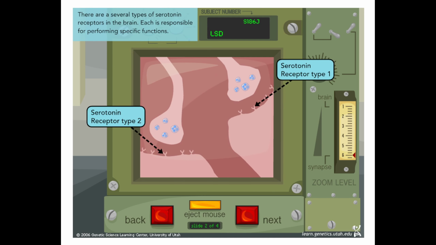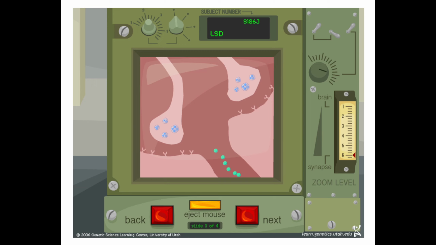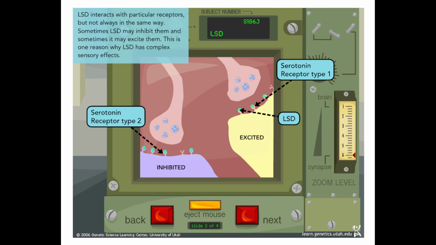And what happens is, based on the type of receptor, it's going to do different things. But we still see it affecting this synaptic transmission in different regions of the brain, which produces different effects, sometimes blocking, sometimes exciting, which is why we get that wild effect of LSD on the brain.